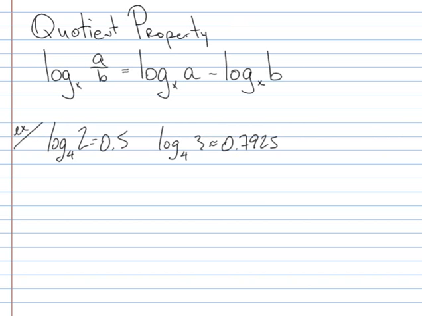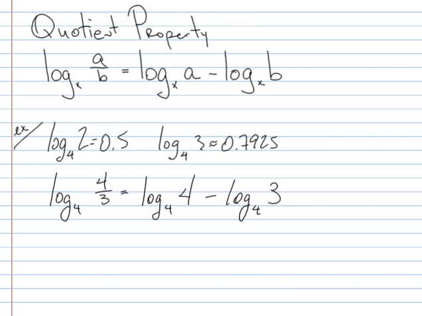Says find the log base 4 of 4 over 3. Well, I can rewrite this using my quotient property. It would say I have the log base 4 of 4 minus the log base 4 of 3.